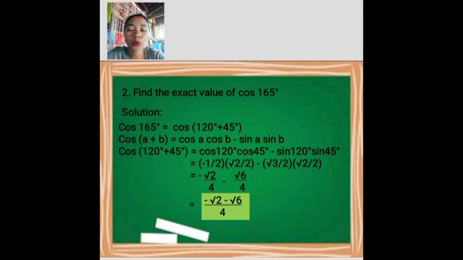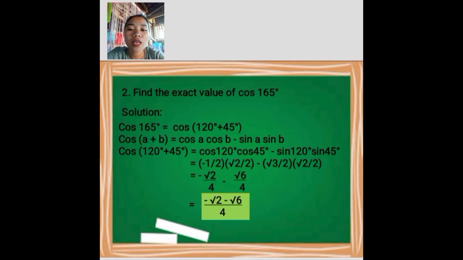Example number 2. Find the exact value of cos 165. Solution. Cos 165 is equal to cos of 120 degrees plus 45 degrees. So, let's substitute the values of a and b in the formula cos a plus b is equal to cos a cos b minus sine a sine b.